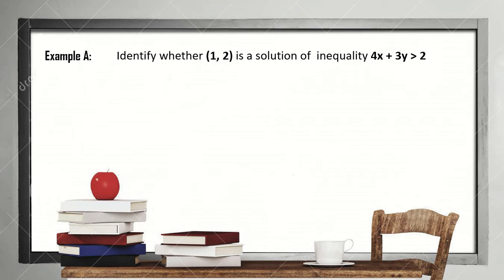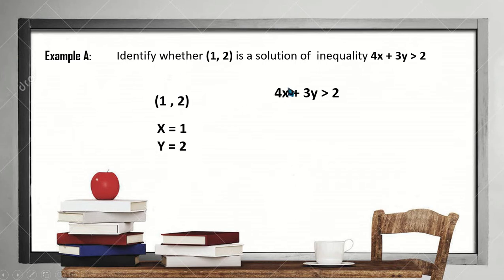So paano natin ma-identify kung yung point 1, 2 ay solution siya nitong inequality na to? So we have 1 and 2. So ang x natin dito ay 1 and then ang y natin ay 2. So substitute natin dito sa inequality na 4x plus 3y greater than 2.